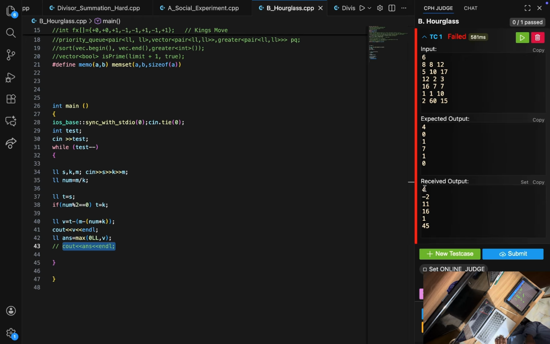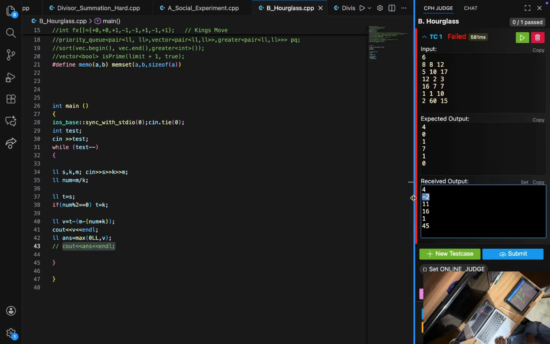Okay, 4 makes sense. 2, 5 minus remaining value is something like 7. Yeah, 2 makes sense. Then this one is 11.